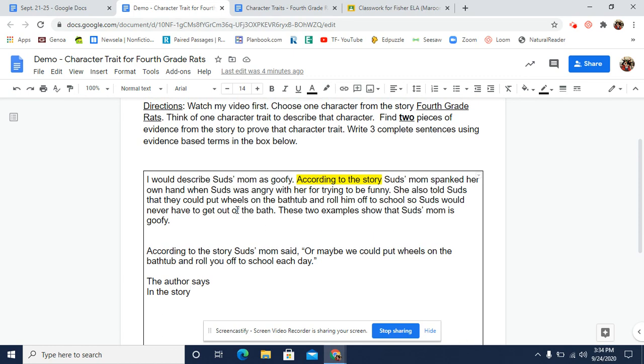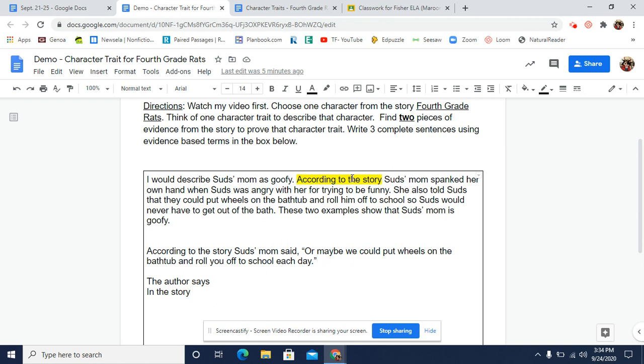So I'm going to use Suds's mom as an example, and my first sentence is just telling you what the character trait is. So I would describe Suds's mom as goofy. Okay, so that's the character trait. She's goofy. Now I need to think of 2 examples from the book.